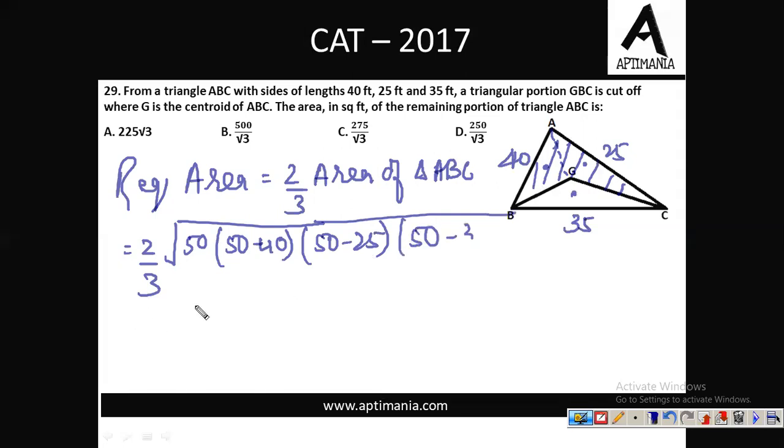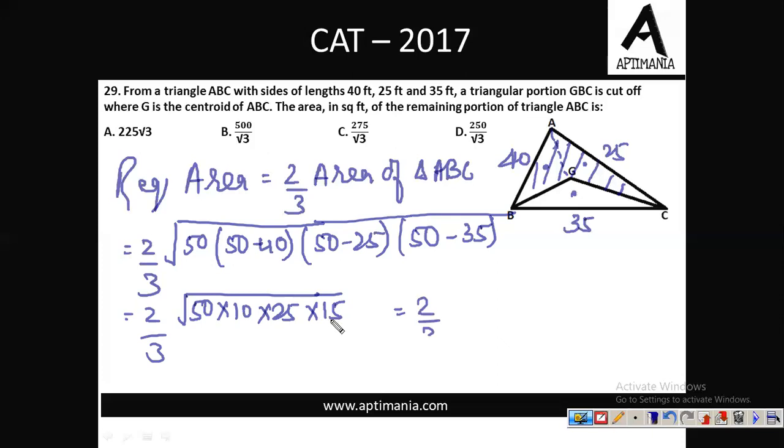So this will be the area required, 2 by 3 common left. This will be root of 50 into 10 into 25 into 15, right? So out of this 50 and 10, I'll take 10 into 10 common, which comes out of the root as 10. Then for 25, I'll directly write 5, so I'll be left with 5 from here, and it will be 15 into 5, 75. 75 can be further written as 5 root 3, right?